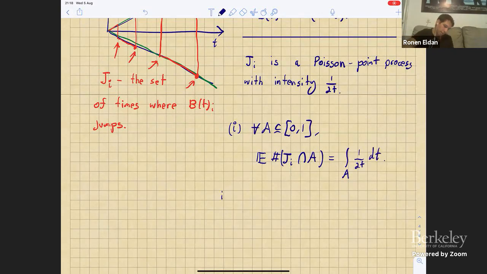And the second property is that if A and B are disjoint, then J sub i intersection with A and J sub i intersection with B are independent.